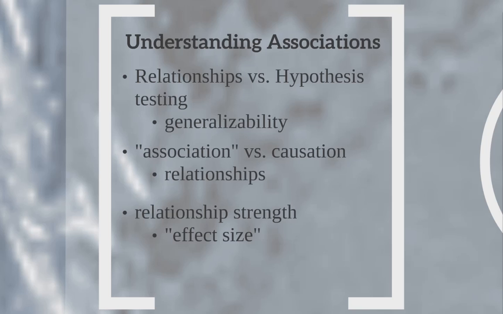Another key component about this series of lectures on bivariate statistics is that our previous statistics, and even some in this, will look at the significance level of the variables, right? They'll look at the significance level of the sample distribution. However, with the statistics that we'll be discussing today, the difference is we'll be looking at the effect size, or the relationship strength.